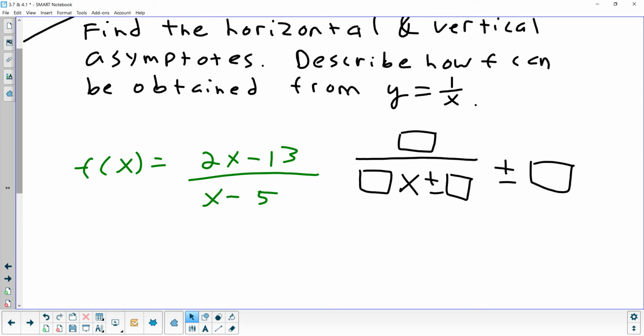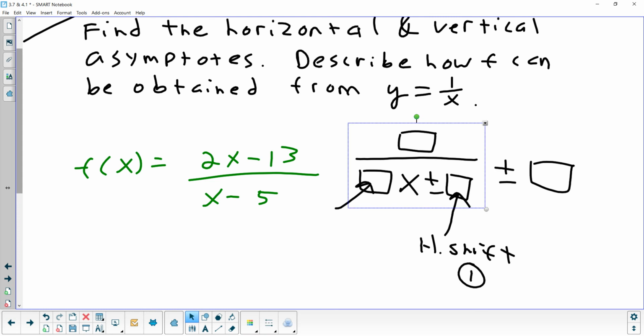Each one of those boxes will do something. When you add or subtract inside the denominator, that's a horizontal shift, and that's always the first thing you would list. This is still in the denominator, so it's horizontal, but it's multiplication.